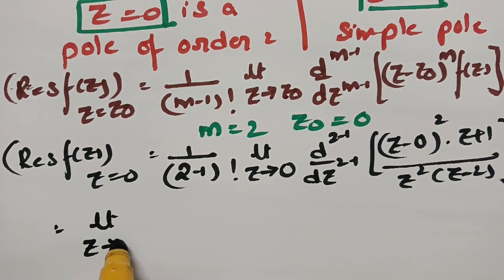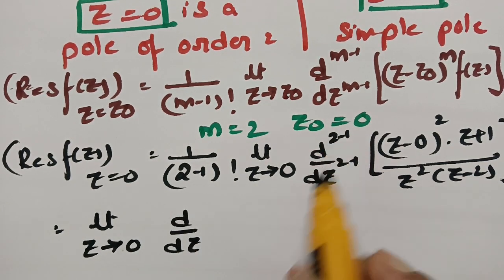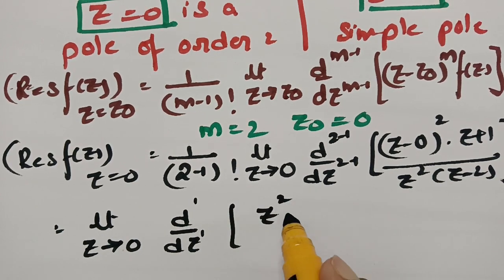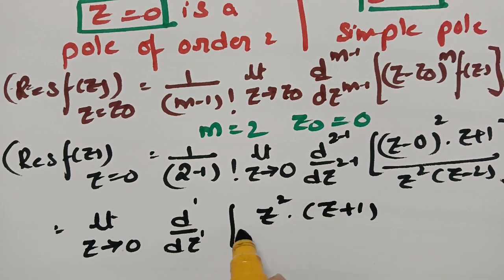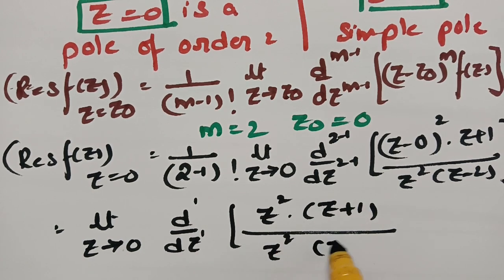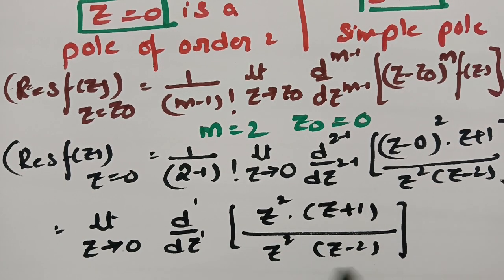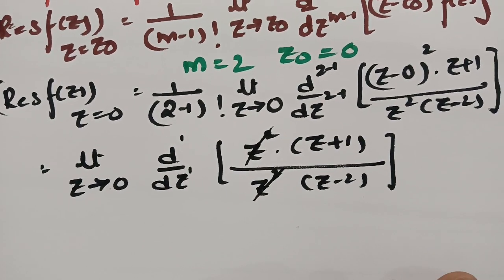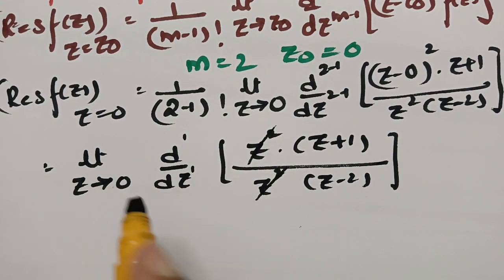So this is limit z tends to 0 of d by dz to the power 1 of z square into (z plus 1) by z square into (z minus 2). Now I can cancel this. After that I have to make a derivative one time.